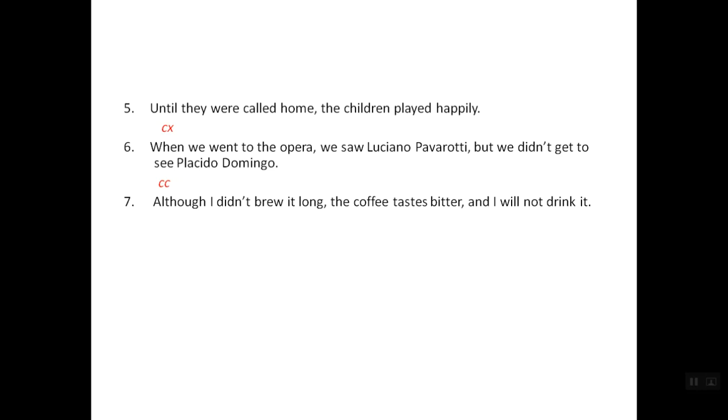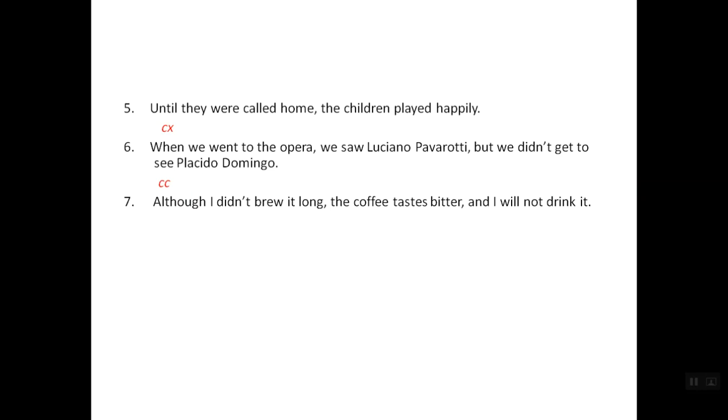Although I didn't brew it long, the coffee tastes bitter, and I will not drink it. Although I didn't brew it long. This is a dependent clause.